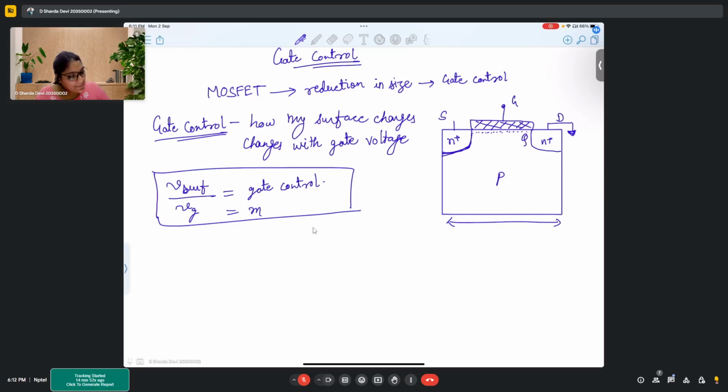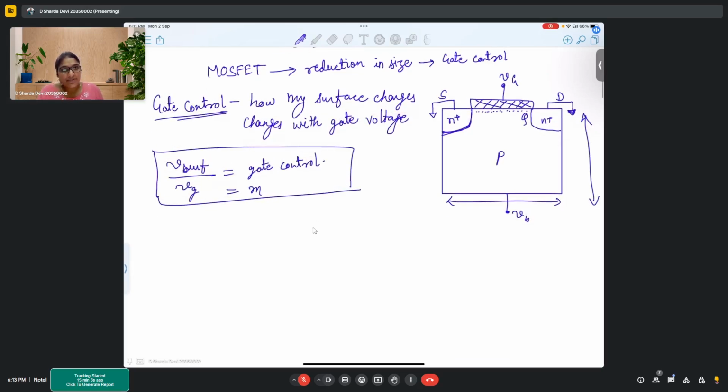Let's say my source and drain are both grounded. I have a voltage VB here, and this is VG. Looking at this cross section, it appears as a MOS capacitor between VG and VB. If I simplify this, I can draw VG, then an oxide capacitor, then another capacitor caused by the depletion region formed here.